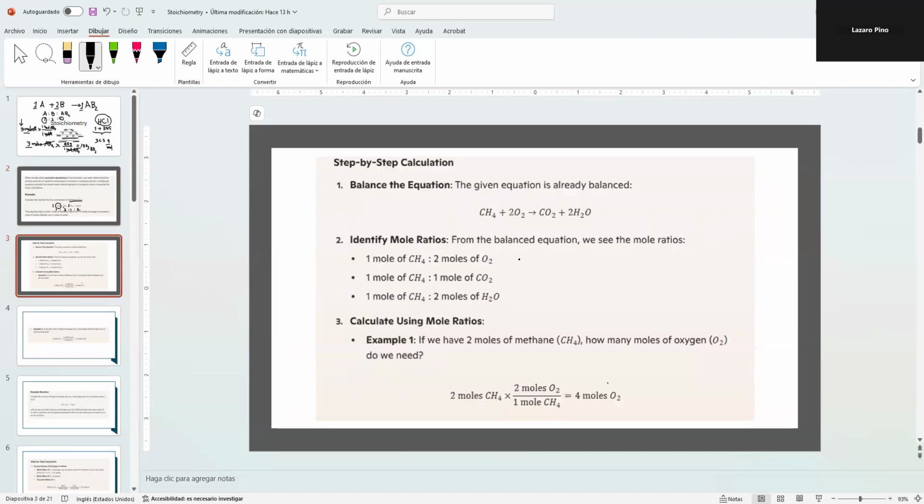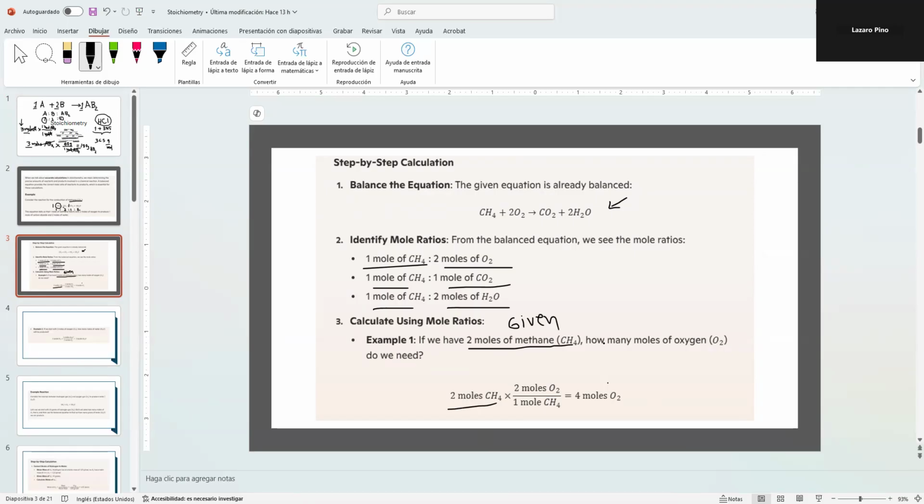For example, you have to see that the equation is already balanced. If not, everything is wrong. Knowing the ratios between methane and dioxygen, methane and carbon dioxide, and methane and water, you can do any type of calculation. For example, you have 2 moles of methane. That is what is given. And you begin the calculation by what is given.